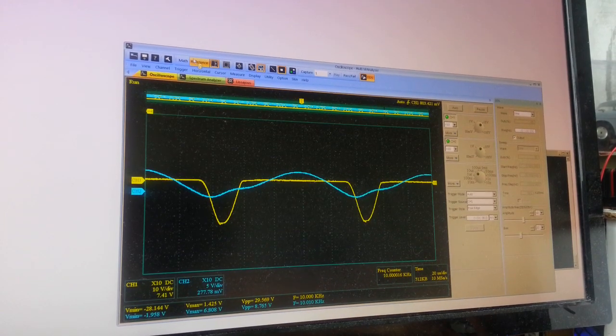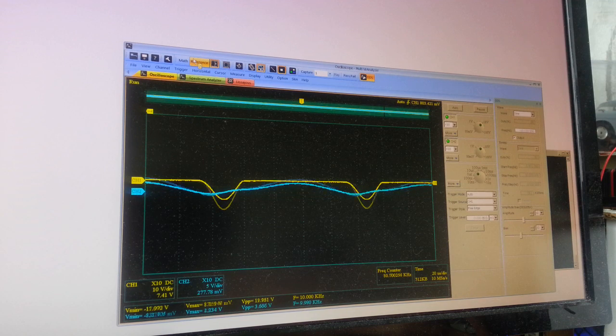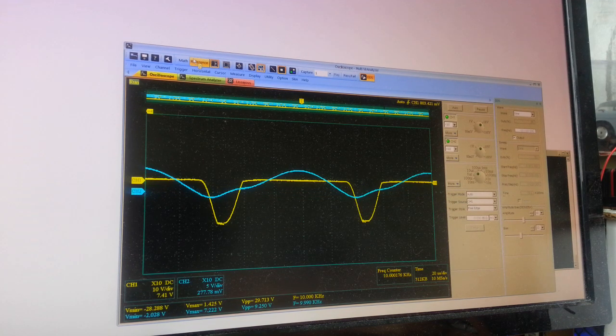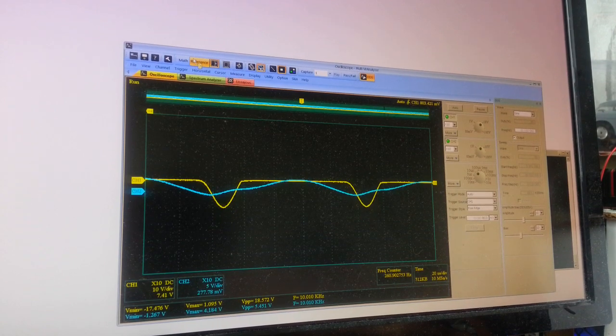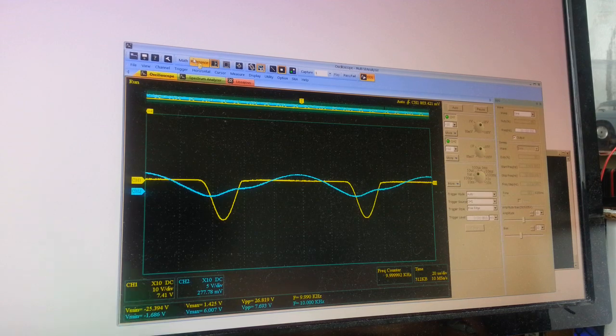So at this moment I can play with the amplitude of the signal applied to the diode, and the goal is to see when the breakthrough happens at this diode.